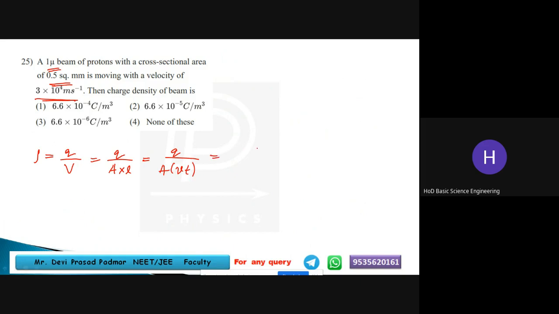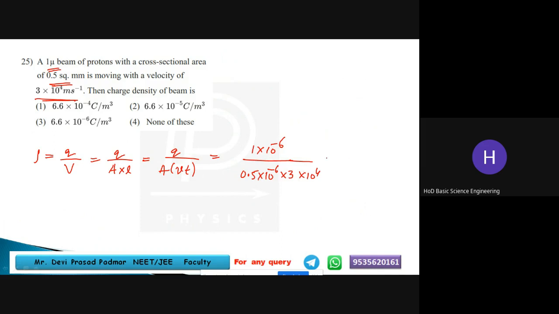Just substitute the values. Charge is 1 micro, that is 1 into 10 power minus 6. Then area is given how much? 0.5 square millimeter, that means 0.5 into 10 power minus 6, into 3 into 10 power 4.